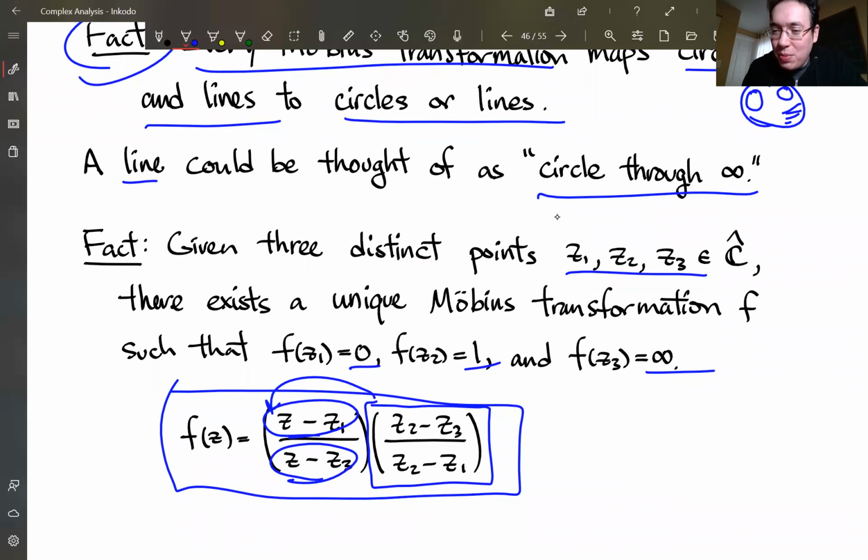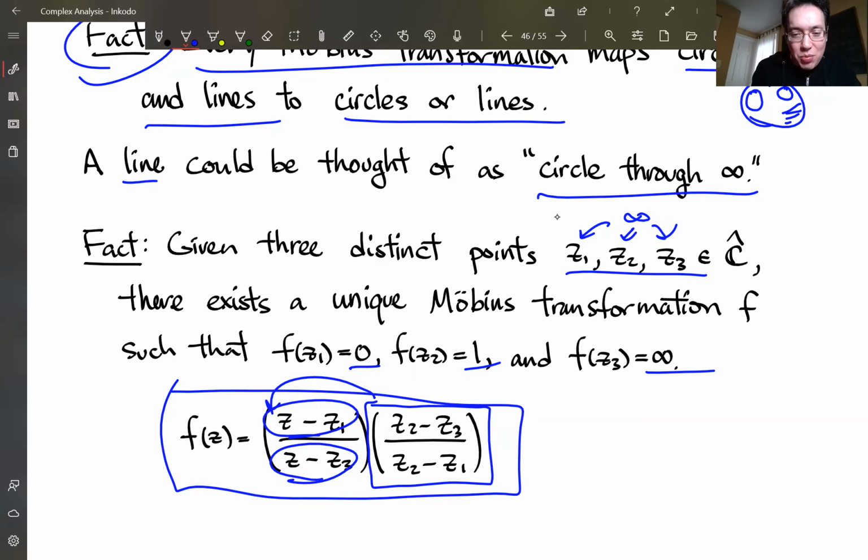You do have to be slightly careful if you're using infinity as one of those Z1, Z2, Z3 points, and you might get confused. Well, what does Z2 minus infinity mean? Every time you get confused with infinity in the Möbius transformation setting, you could just replace it with a limit.